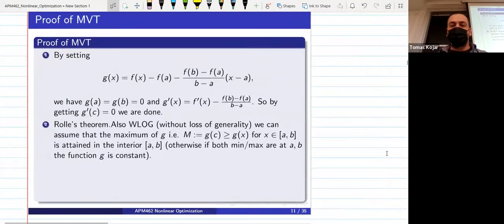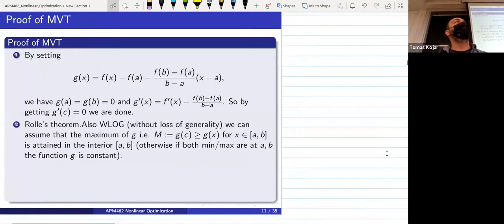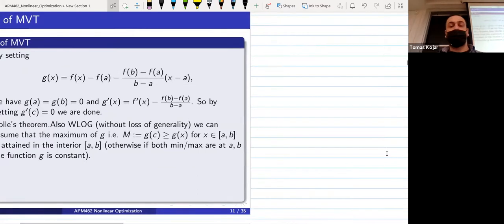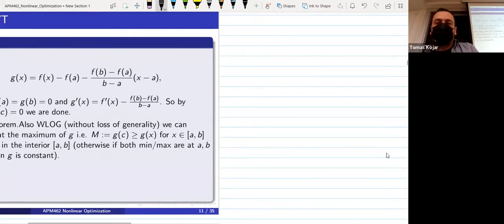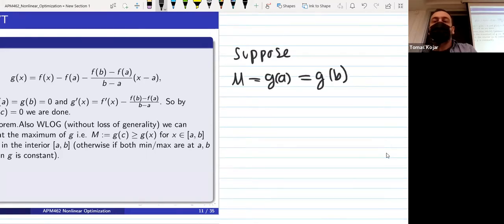Suppose that both min and max are attained at the endpoints. Suppose that the maximum m is equal to g of a, which is equal to g of b. But these are both equal to 0.